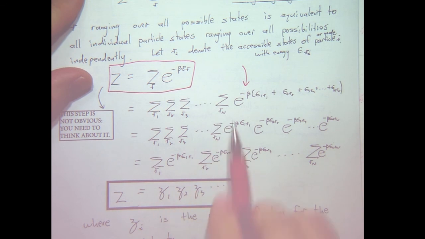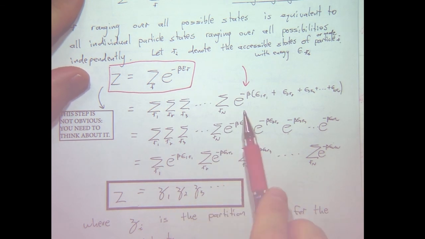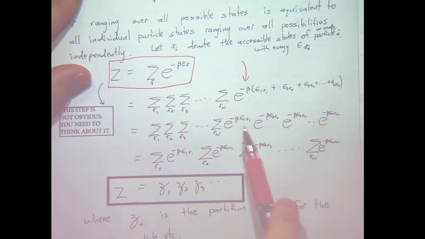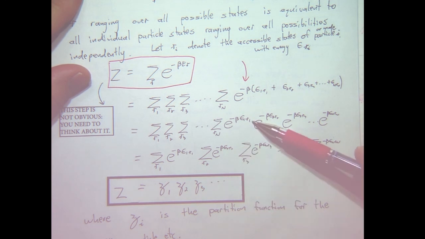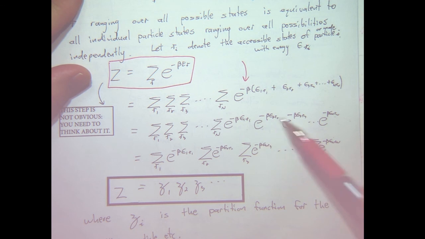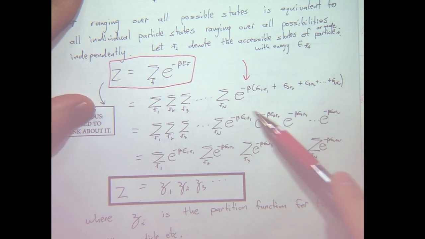Once you get to here, then it's trivial, because you've got e to the power of a sum, so you've got basically just a product of exponentials, and each term in the product has just a single eigenvalue, and all the eigenvalues are different, corresponding to different particles' eigenfunctions.